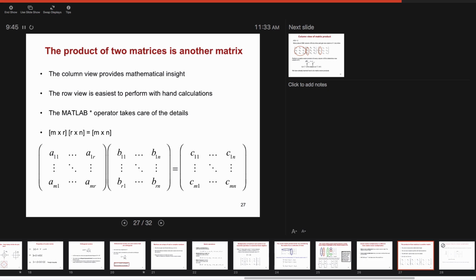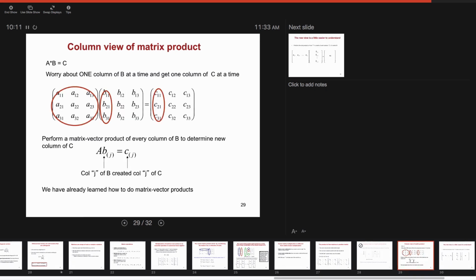So basically, I'm going to do a number of matrix vector multiplications, and I'm going to stack results into a matrix. That's another way to see it. So most generally, I'm going to have, so here I chose to call them M by R and R by N. Then my results, these inner dimensions kind of cancel out, and my result is M by N in the end. Okay?